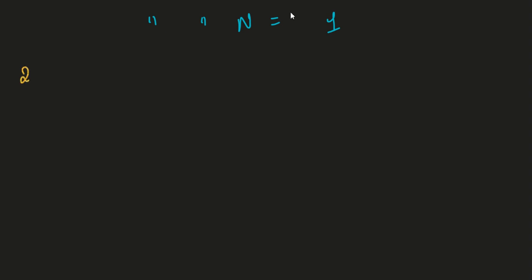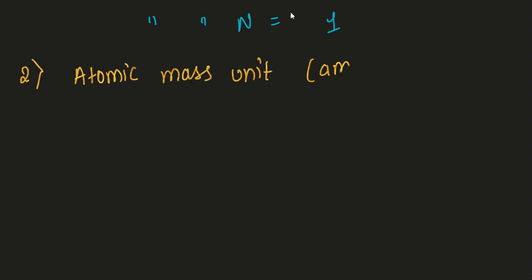So let us go with the second one, which is atomic mass unit. In short, we call it AMU. Let us write down a few important points regarding the AMU. It has two names.